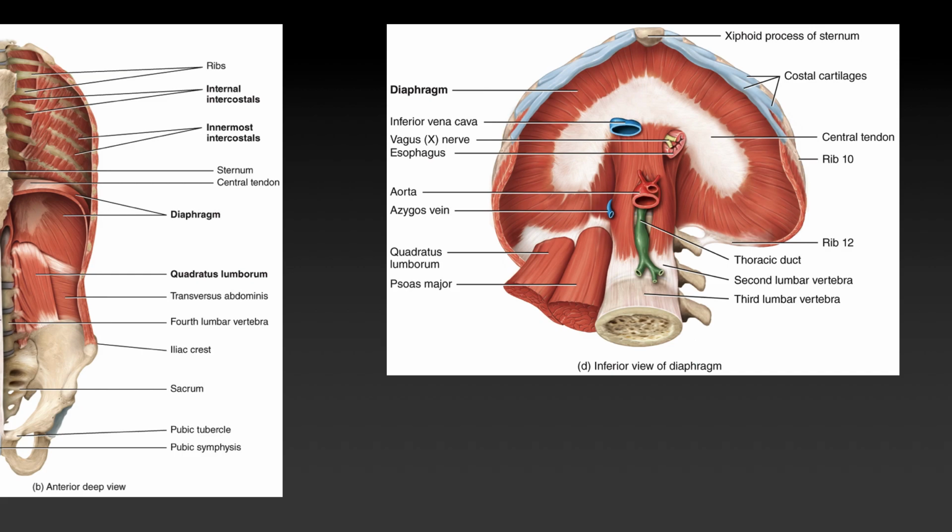It originates around the thorax. And it inserts on this white area. It inserts on itself. It converges towards the center. And this white area is called the central tendon. The central tendon. It's freely movable.